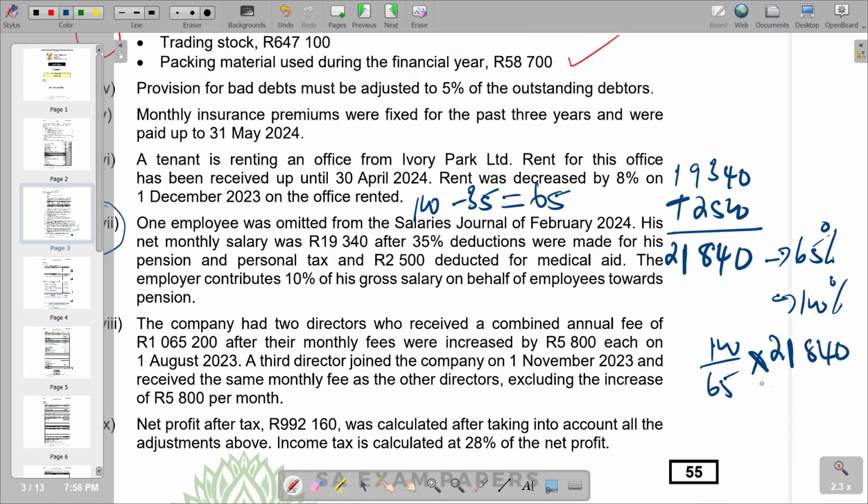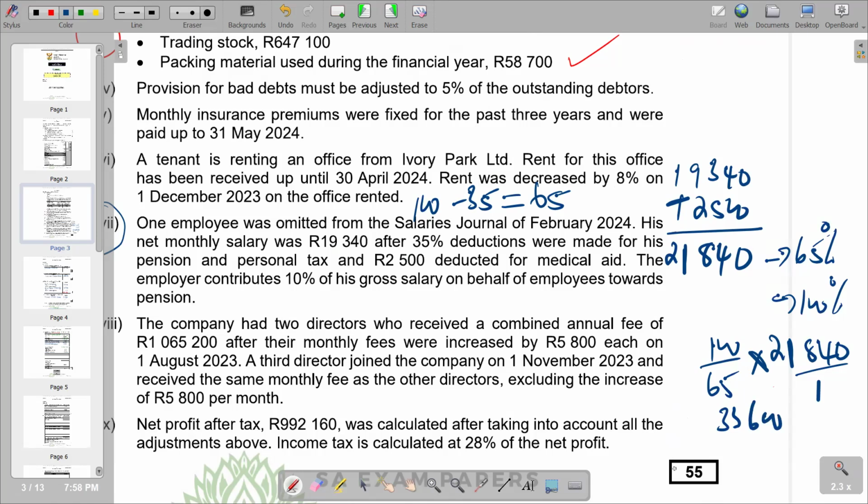As simple as that. When you calculate, what do we get there? Then we are going to get it as 33,600. So we have 33,600 as the gross.